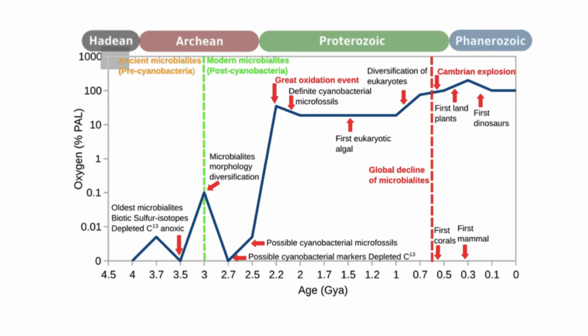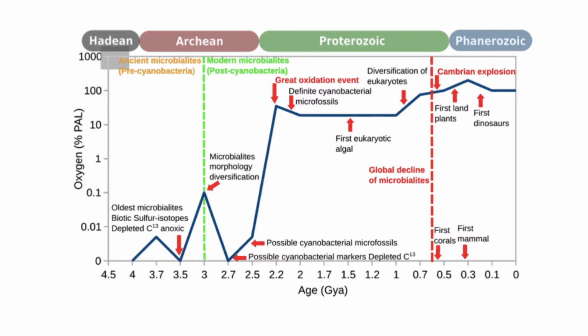We know that this oxygen comes from oxygenic photosynthesis, and we think that microbial mats and microbialites were the type of communities, plus all the planktonic cyanobacteria, that were responsible for this oxygenation.